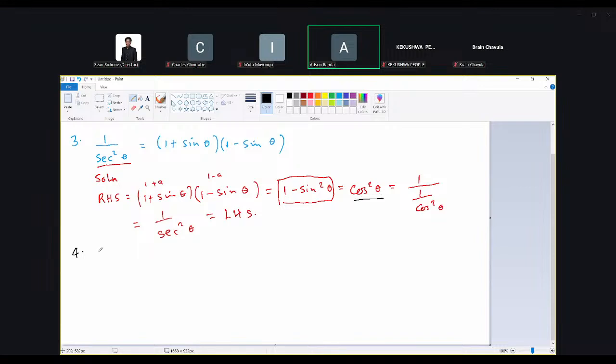Yes, any other question? How is 1 over cos theta squared equal to 1 over sec squared? Come again with the question. Speak up a bit. For the last example we're doing, how is the left-hand side equal to the right-hand side when the right-hand side is 1 over cos theta squared?